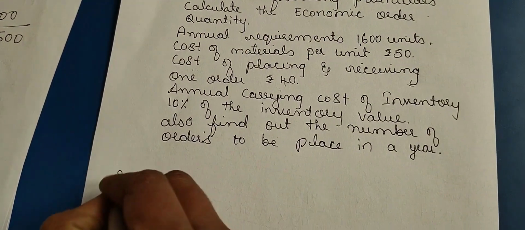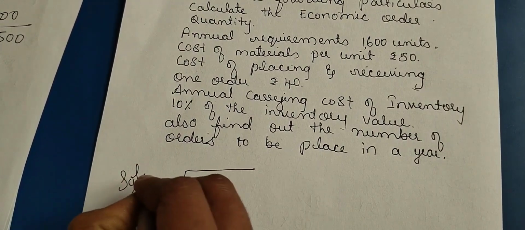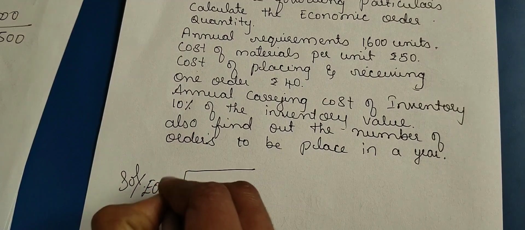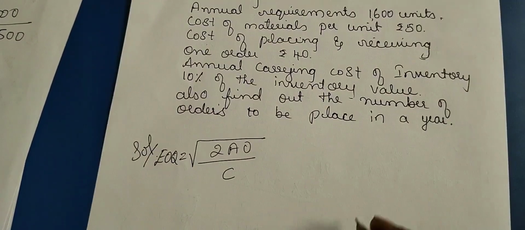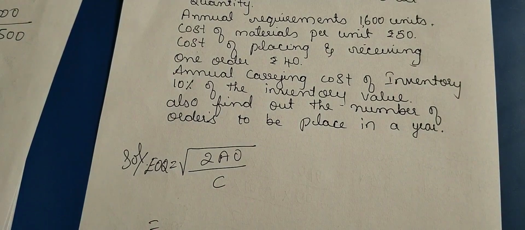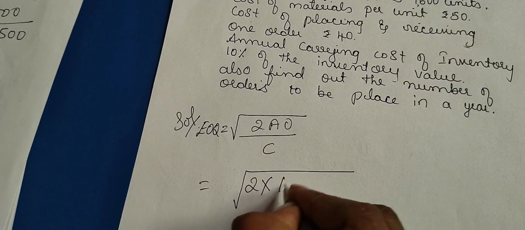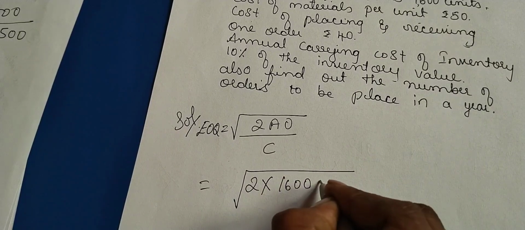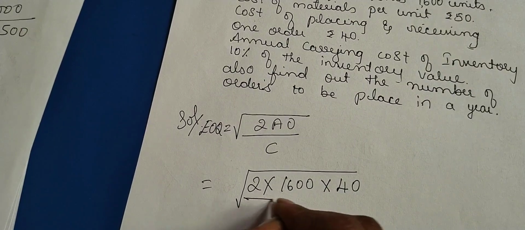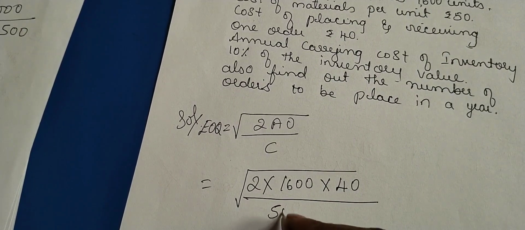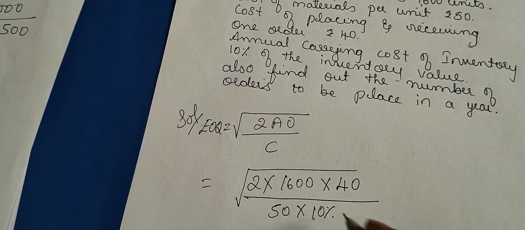Again, what is the formula? First write the formula. The EOQ is equal to the square root of 2AO by C. Here A is annual consumption, 1,600 units, into ordering cost 40 rupees, by carrying cost: on 50 rupees, 10% is 5 rupees.